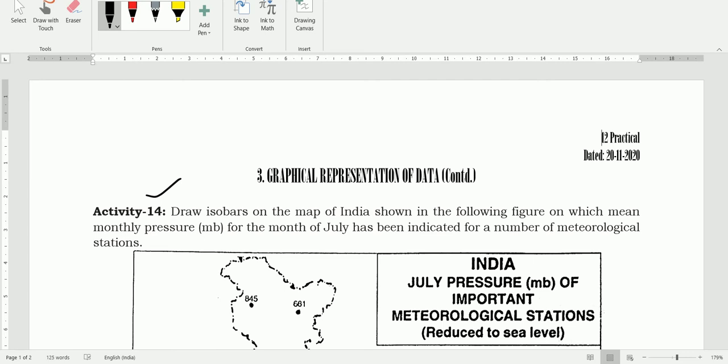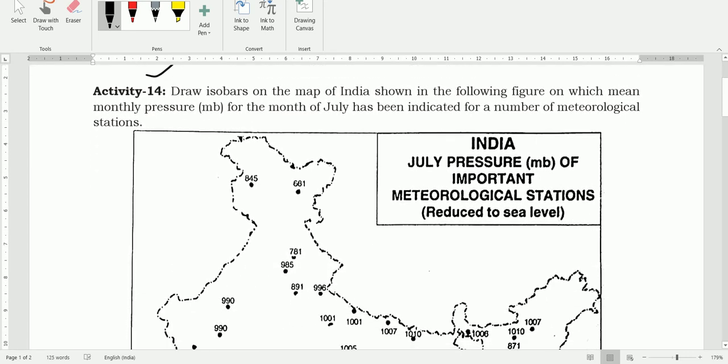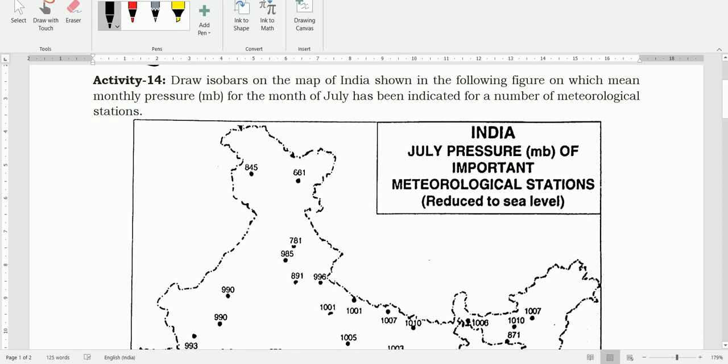Weather stations, recording stations. So this is the map, and these are the different meteorological stations, recording stations, and these are the values of pressure in millibar: 845 millibar, then 681 millibar, and so on.